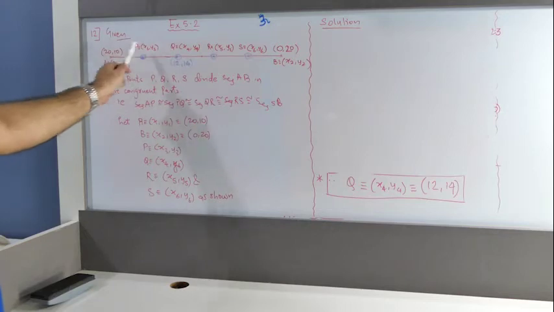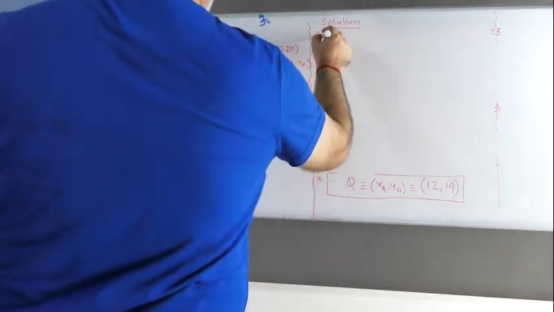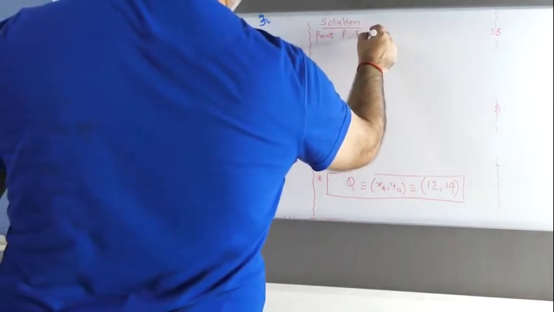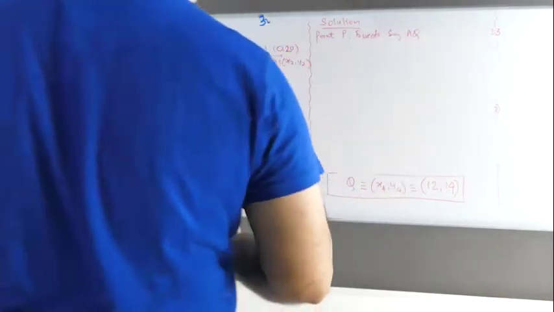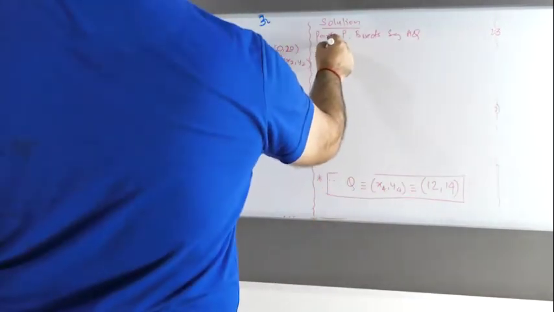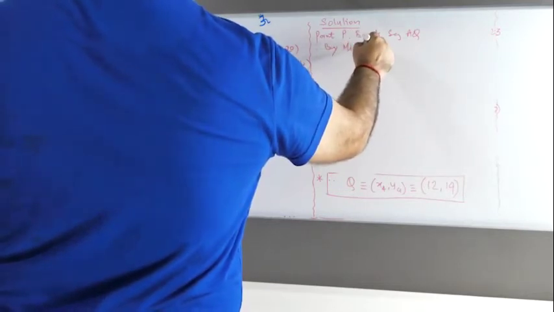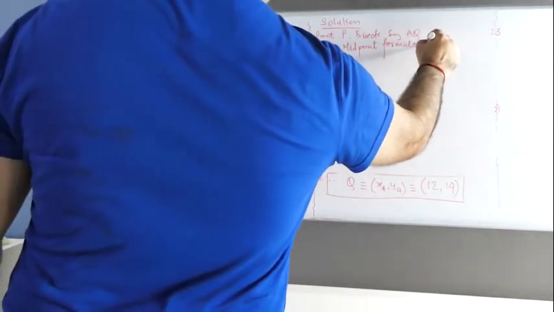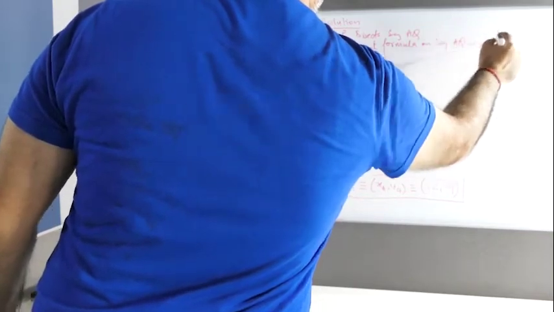So P is going to act like a midpoint of A and Q. So we will say point P bisects segment AQ. Therefore, by midpoint formula on segment AQ, we get, so what do we get?